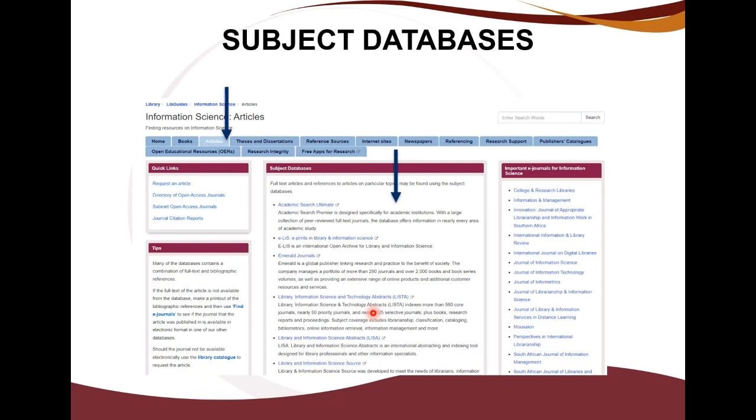Okay. Thirdly, you can also look for research methodology material from your subject databases. You all know that you have library guides, and on each of your library guides, we've placed databases for you to search for articles.